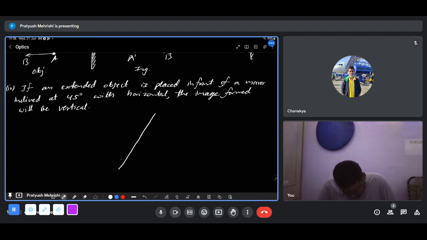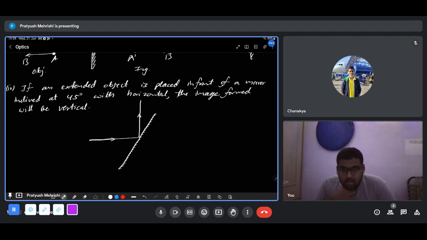Like this. This is the mirror, and this is the straight line. This straight line is going in the upward direction. Actually, it is representing a ray.